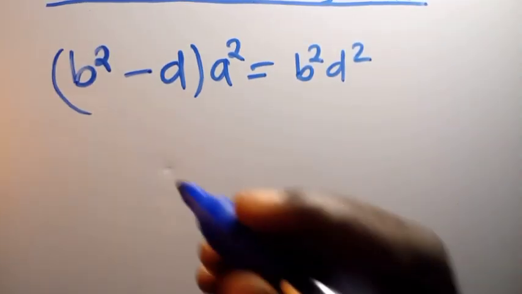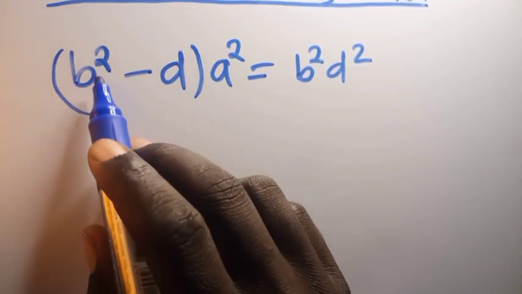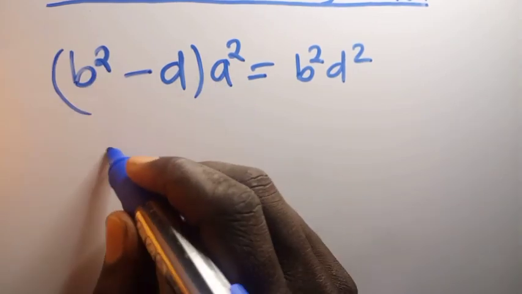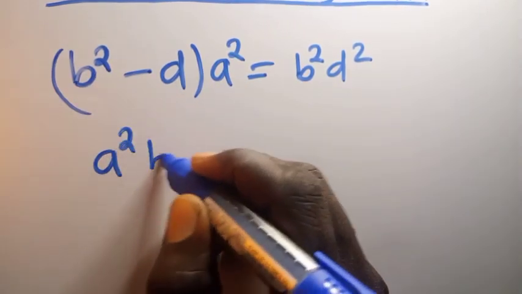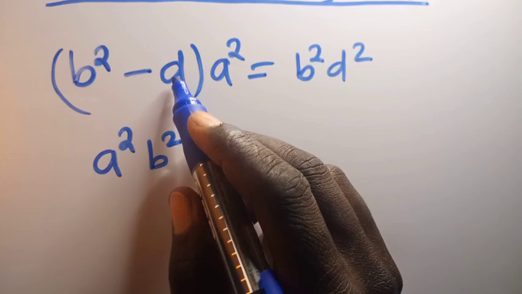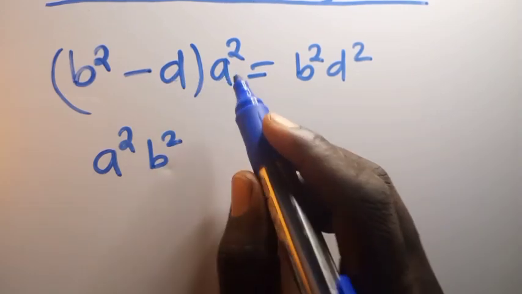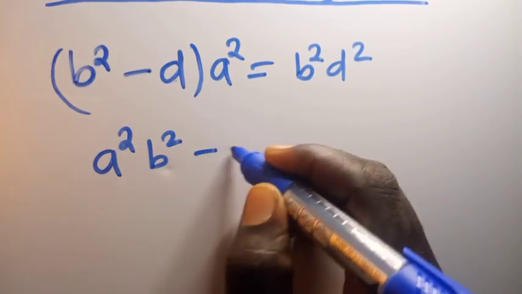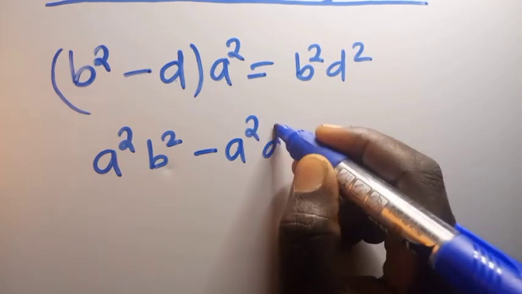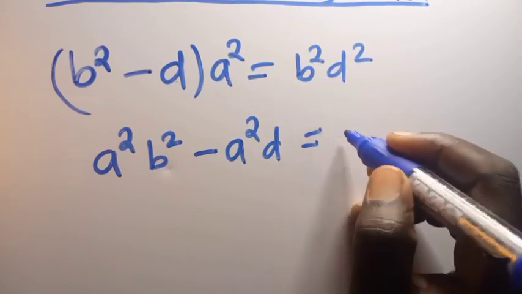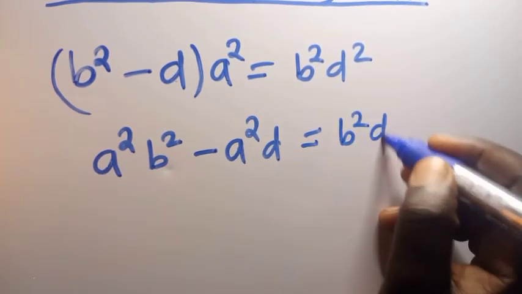Now from there we can open the bracket. B squared times A squared, it can be A squared B squared. Then negative D times A squared, it is negative A squared D equals B squared D squared.